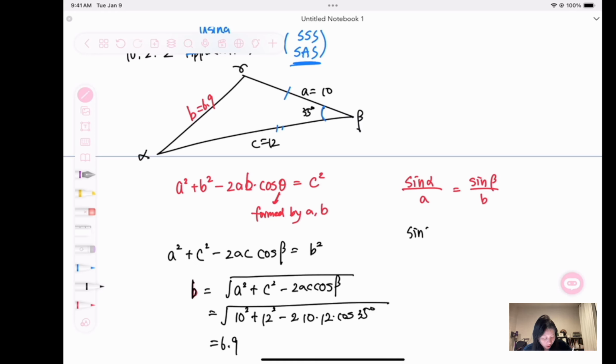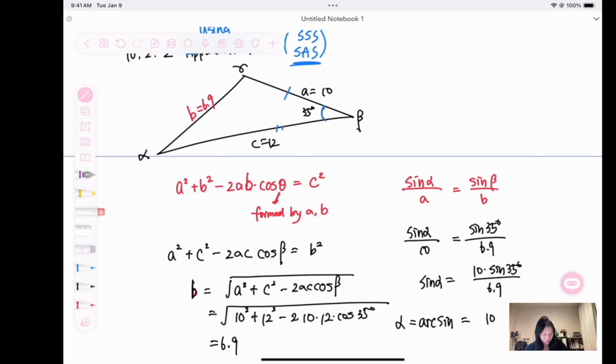So sine alpha over 10 equals sine 13.5 degrees over 6.9. Using algebra, sine alpha equals 10 times sine 13.5 degrees over 6.9. Then we take the inverse function so that we can solve for alpha.